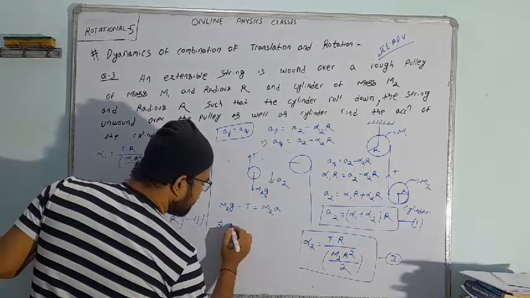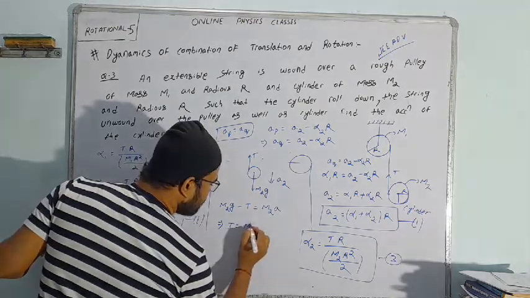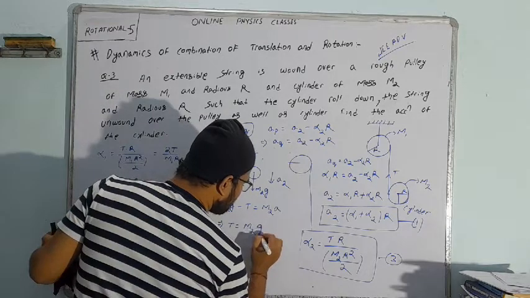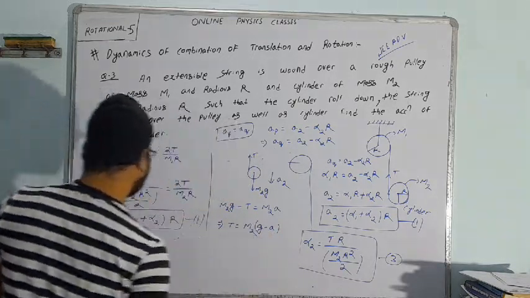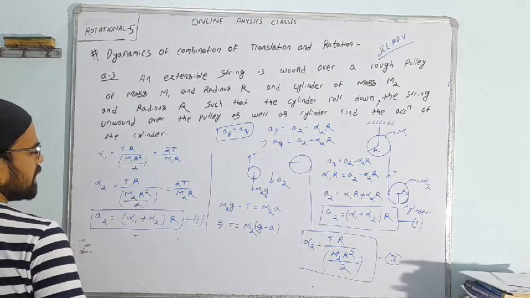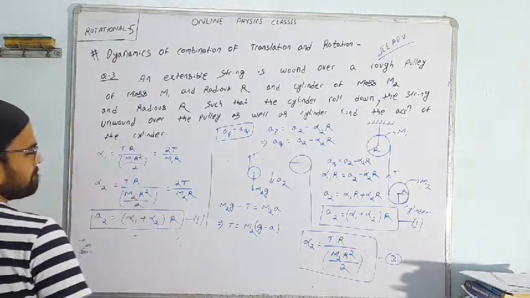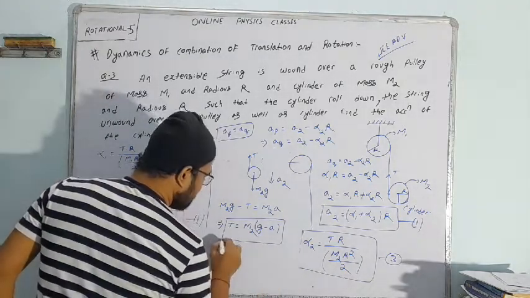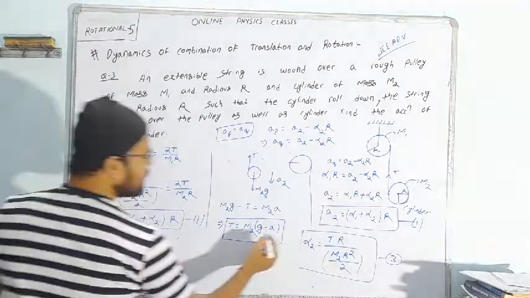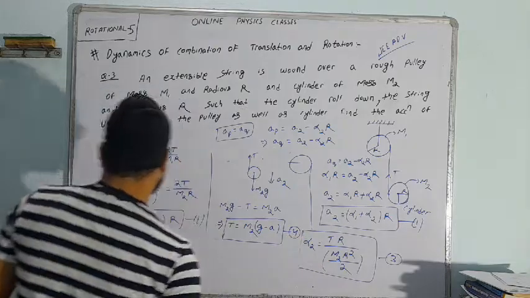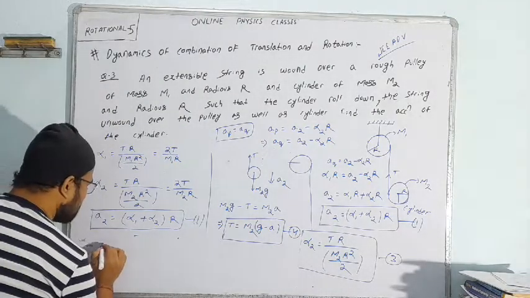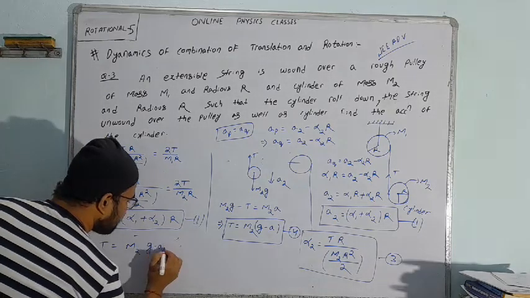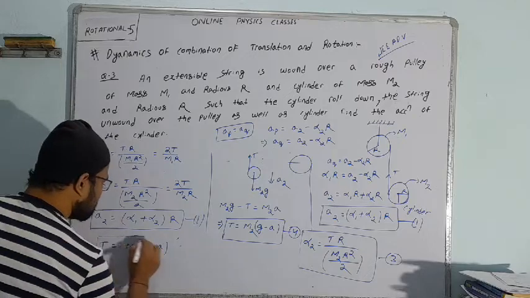Now what is the value of T? We get T is equal to m2 into g minus a. This is the value of T. Let's suppose this is equation 4.